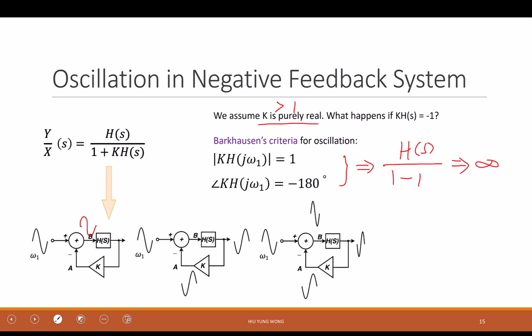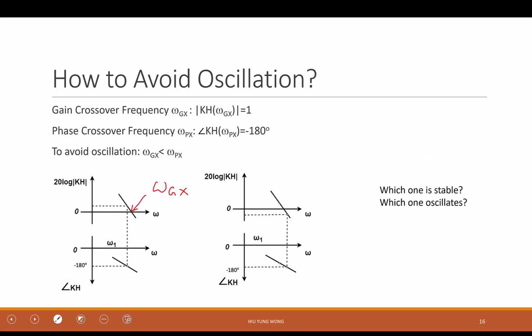So, if I can avoid this phase shift before the gain, if this phase shift only occurs after the gain is less than 1, then I won't have the oscillation, right? So here is saying that when the gain is reaching the gain crossover frequency, right? No, I mean this point is the gain crossover frequency. Sorry, I'm messing you up.